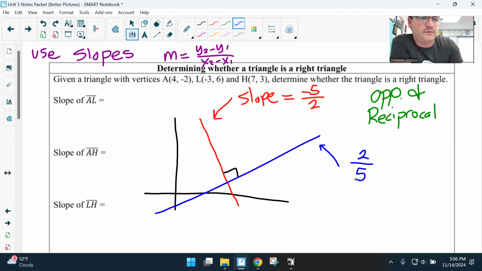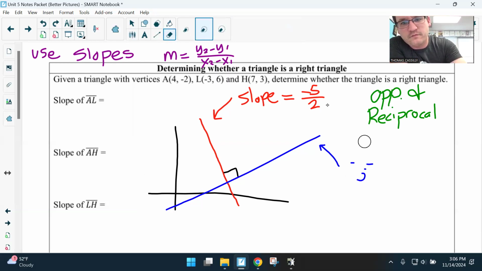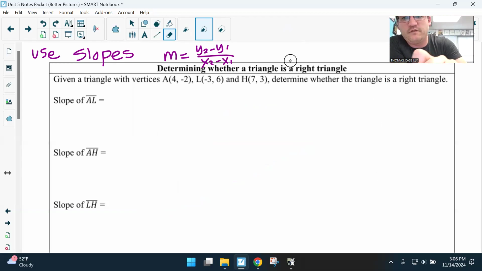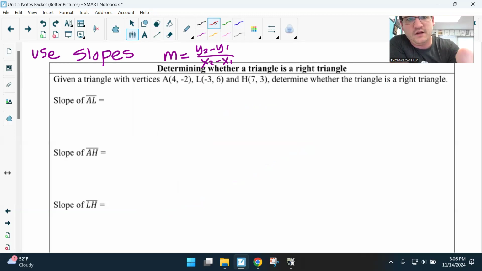Now, I'm going to use the slope formula 3 times on this problem. I'm not going to write it down every single time. I'll keep it up top there in purple, but we're just going to skip that step to save us a little bit of space here. So the slope of AL, here is A, here is L. I'm using the first two. Y2 minus Y1, so I get 6 minus -2.